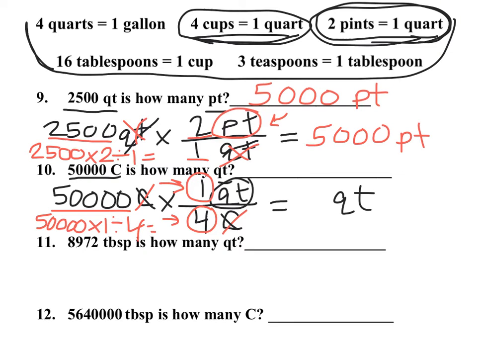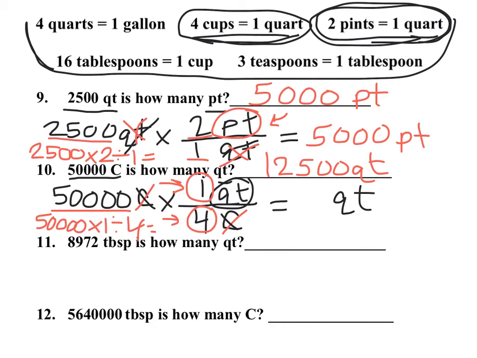All right? So 50,000 times 1 divided by 4 ends up getting you an answer of 12,500 quarts. Again, the canceling out of units is going to help make sure that you're feeling comfortable with the answer and that, yes, you did properly divide instead of multiply.